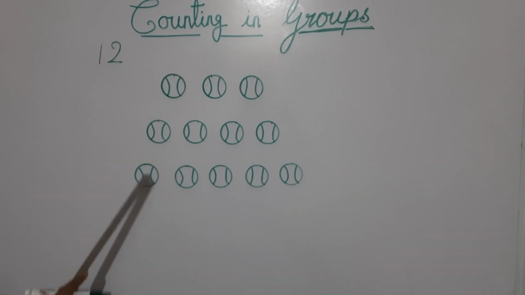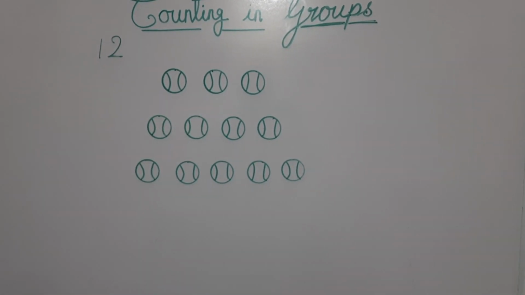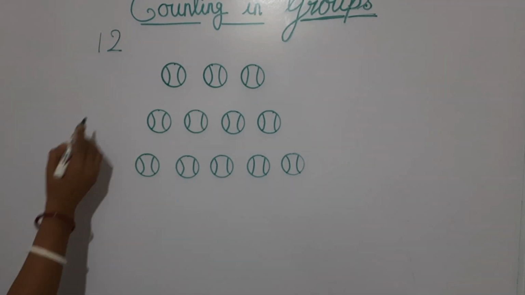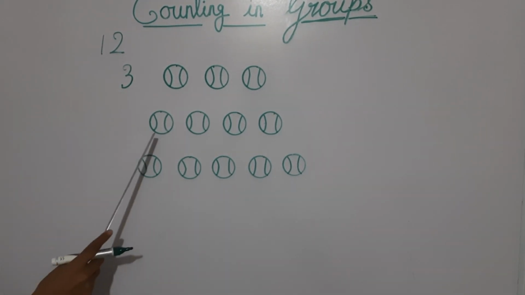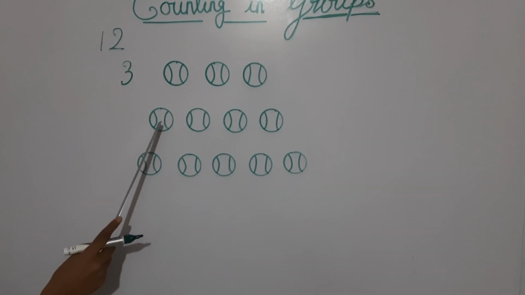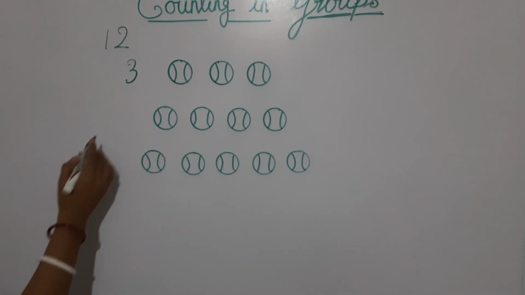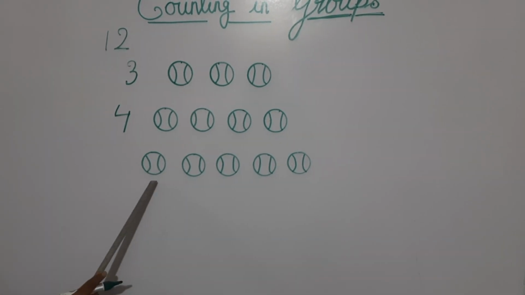Let's see how to do that. See, in the first group, how many balls are there? 1, 2, 3. So we have divided all the balls into 3 groups. In the second group, how many balls are there? 1, 2, 3, 4. Excellent. Now tell me students, in the last group, how many balls are there?